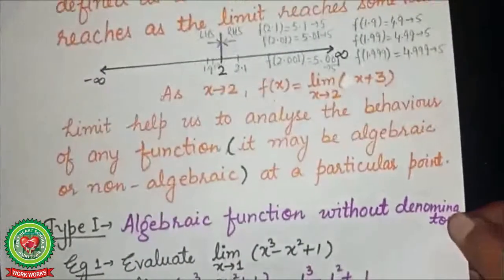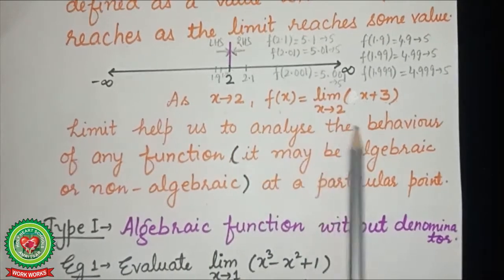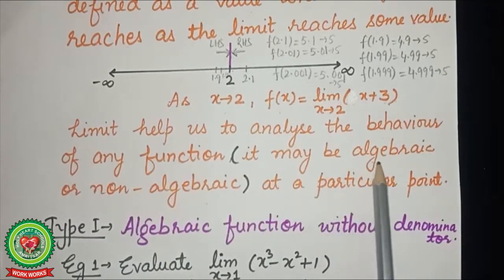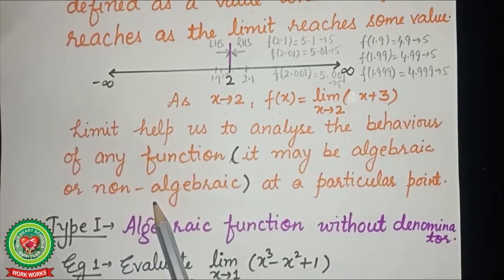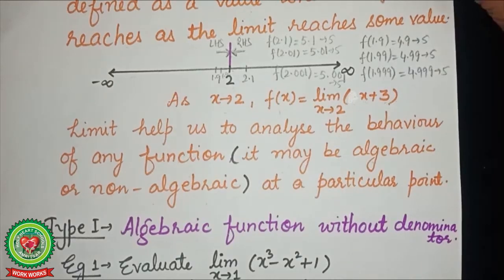Now, limit helps us to analyze the behavior of any function, whether algebraic or non-algebraic, at a particular point. This is the basics related to the limit. Now, let's discuss its different types.